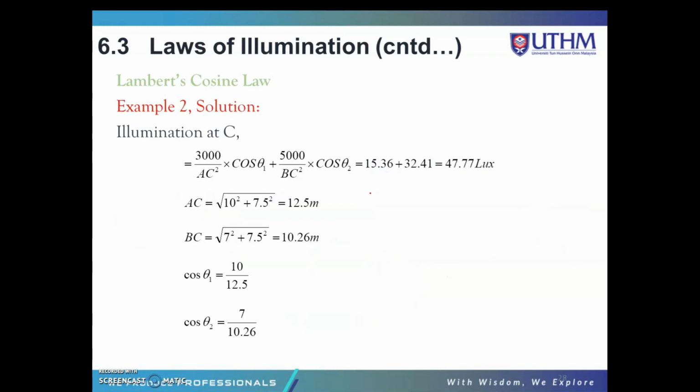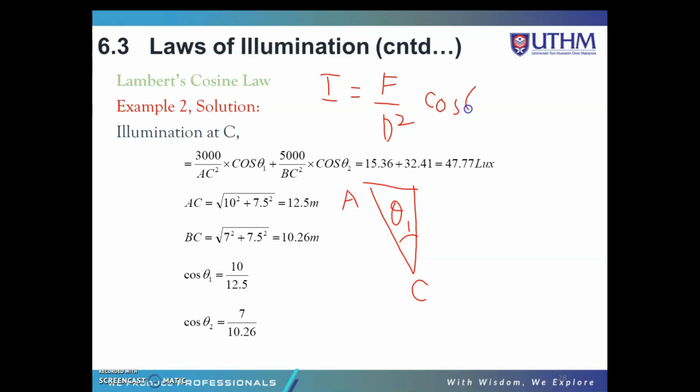The triangle here: here is point A, here is point C, and we have theta 1. We use the equation I equals F over D squared, times cos theta.